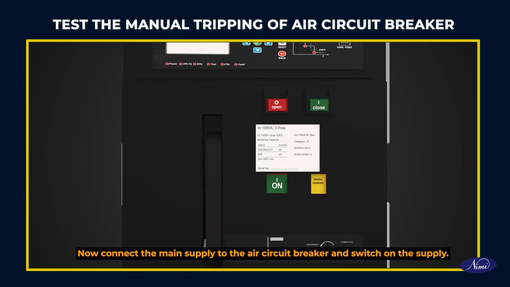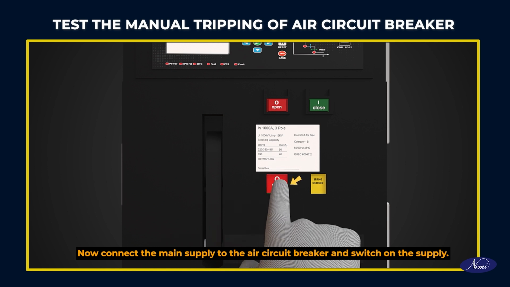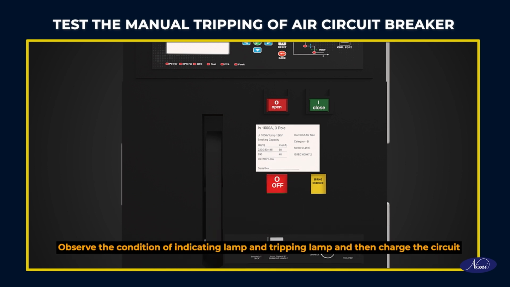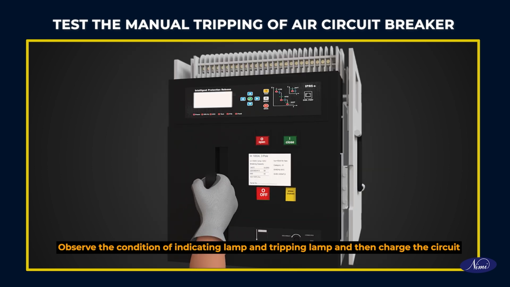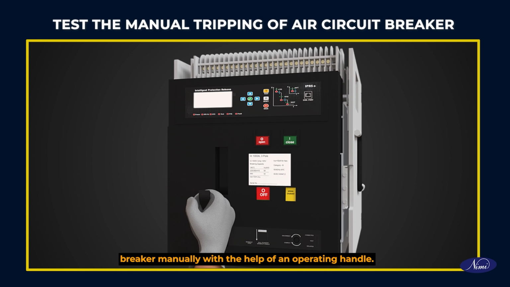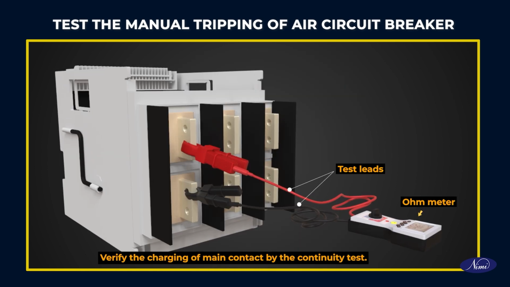Now connect the main supply to the air circuit breaker and switch on the supply. Observe the condition of the indicating lamp and tripping lamp and then charge the circuit breaker manually with the help of an operating handle. Verify the closing of the main contact by continuity test.